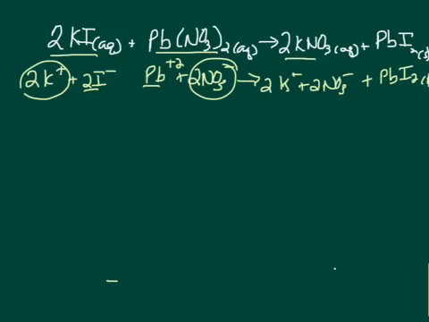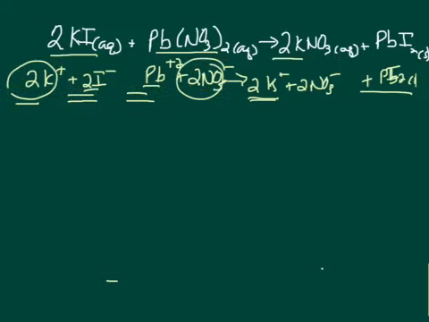So the actual reaction that occurred happened between the iodide and the lead, forming the lead II iodide, the solid precipitate. The potassium ions existed as ions on the reactant side, and still exist as ions on the product side. So since they are ions that did not take part in the reaction, basically they're sitting around doing nothing, we refer to them as spectator ions.